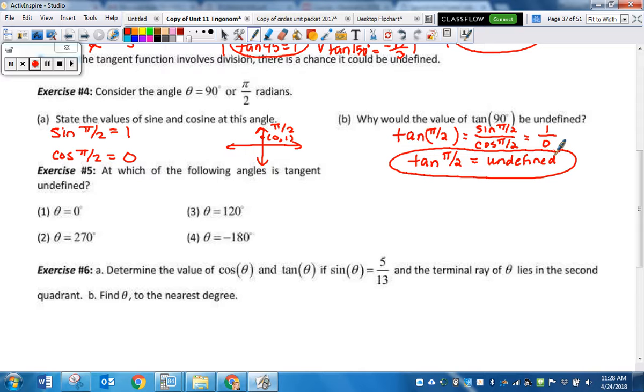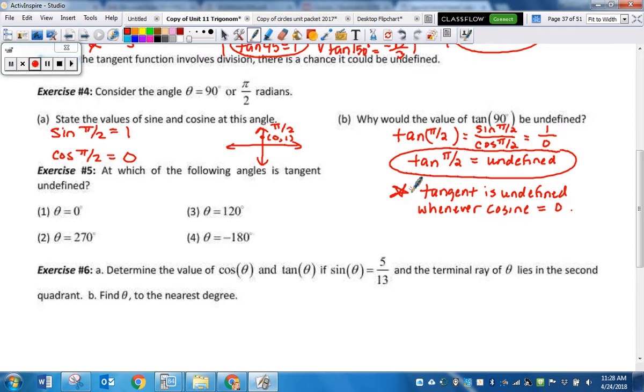Tangent's going to be undefined when cosine equals what? 0, right? So tangent is undefined whenever cosine equals 0. And that means the only time that cosine ever equals 0 is if you're on a quadrantal angle, correct? That's the only possibility. Everything else, it's going to be between 0 and 1 or 0 and negative 1.